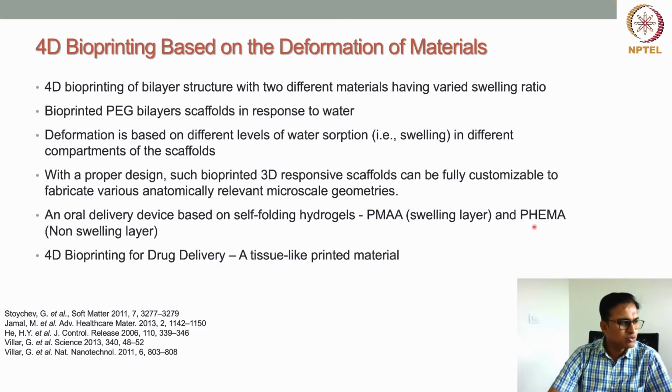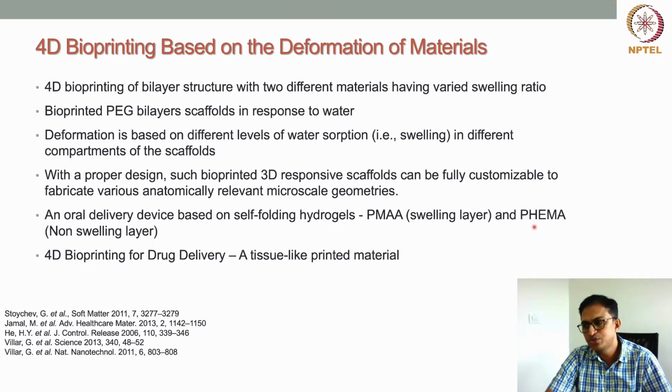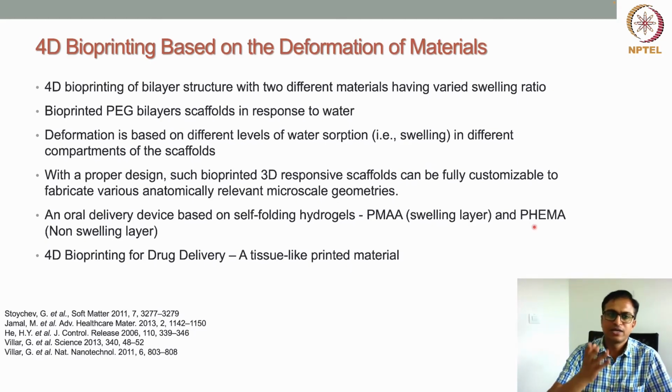Now another thing we can do is use materials where the structure is designed in such a way that, due to the design, the material responds differently towards a certain stimulus. Like a 4D printed bilayer structure can be printed with a 3D printing technique.